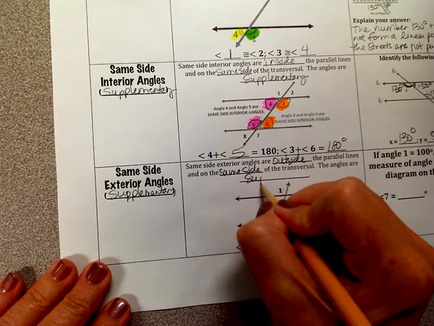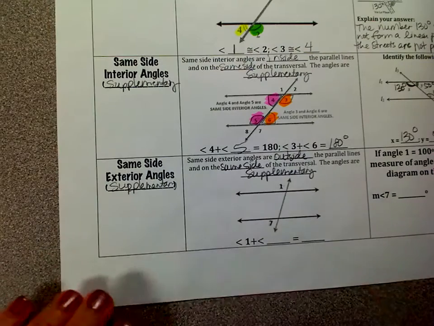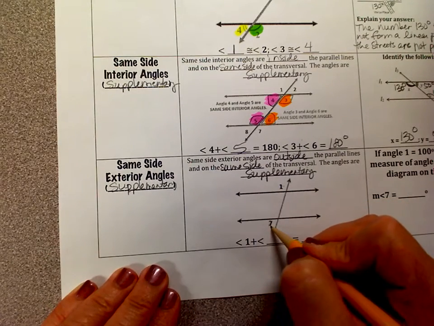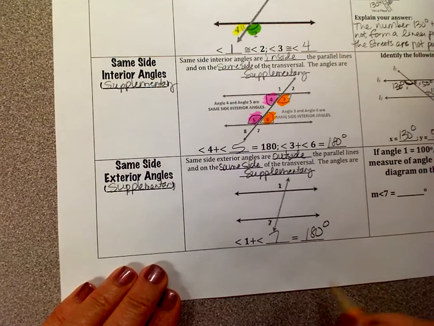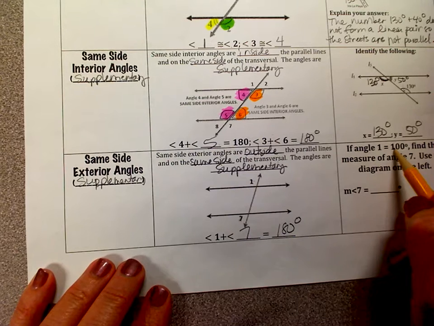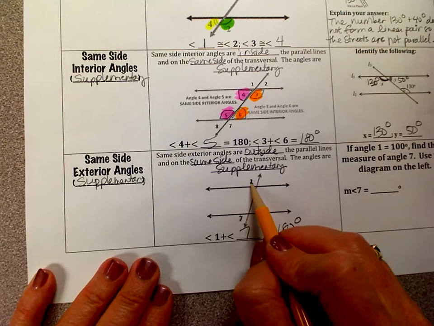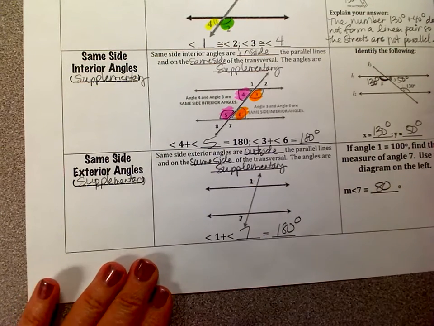Those angles are supplementary. So if angle 1 is a certain number of degrees, adding angle 7 will equal 180 degrees. So if angle 1 is 100, find the measure of angle 7, use the diagram to the left. If angle 1 is 100, angle 7 is going to be 80 degrees.